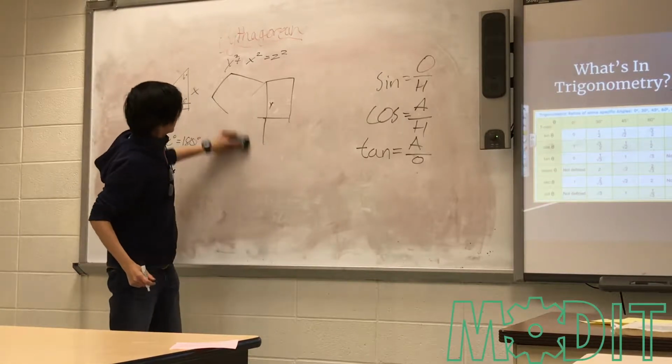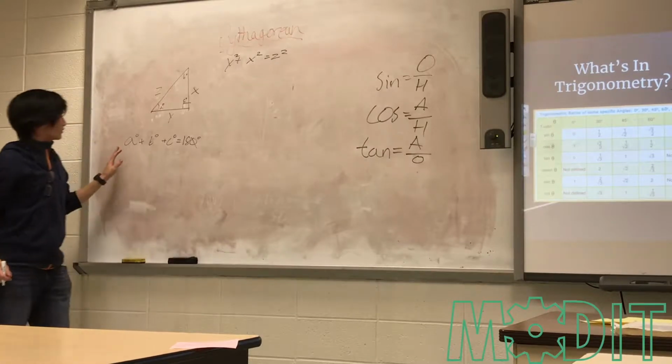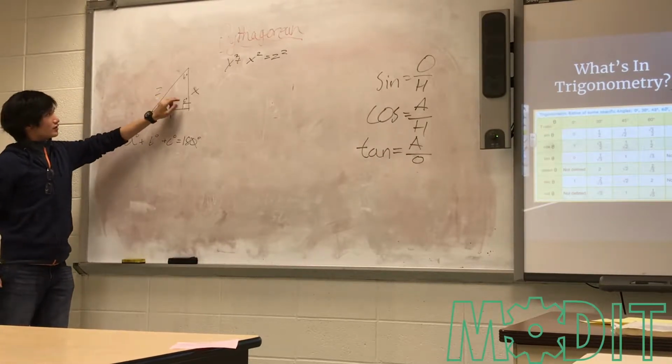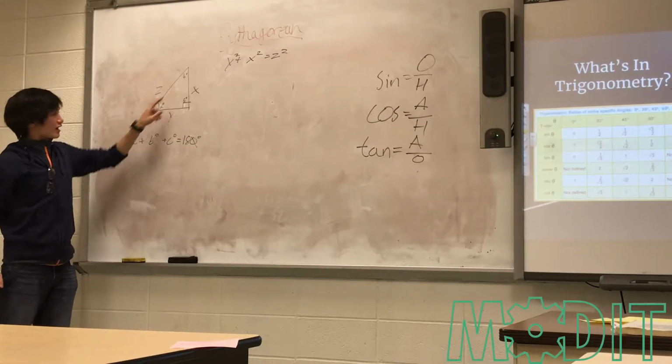But that's something that you don't really need to know for now. Right now, all you need to know is that this is the hypotenuse, these are the two sides, and all the angles within a triangle are equal to 180.